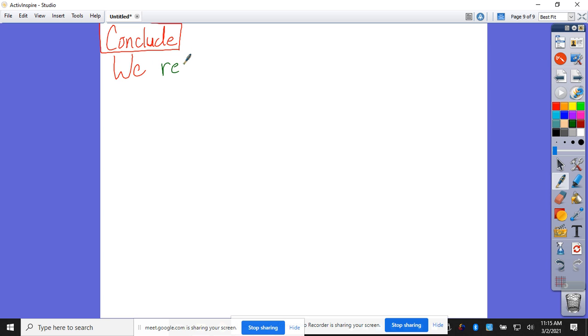Reject. What are we rejecting? Which initially said that... so we rejected our hypothesis that mu equals 115 beats per minute.